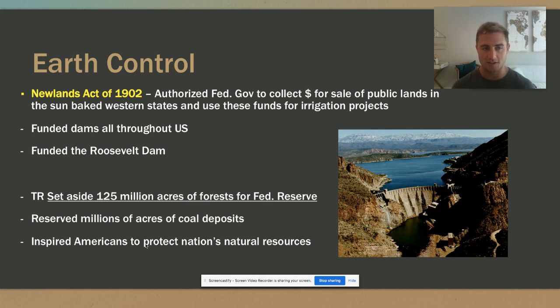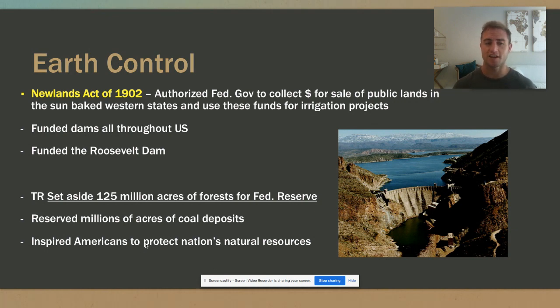Some of the laws that he signs into law during his presidency, one was the Newlands Act, which is going to collect money for the sale of public lands and then use the money for irrigation, which, especially to the west of that 100th meridian, is going to be badly, badly needed to fund dams throughout the United States that is going to provide irrigation to the sun-baked states, especially in the Southwest, and provide water and power for many Americans living out on the frontier.